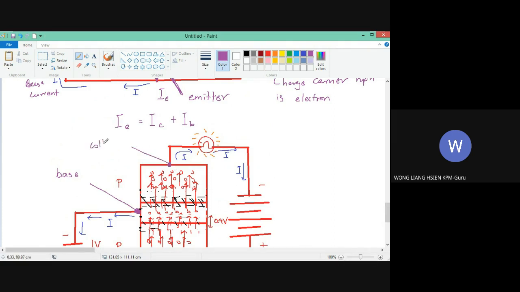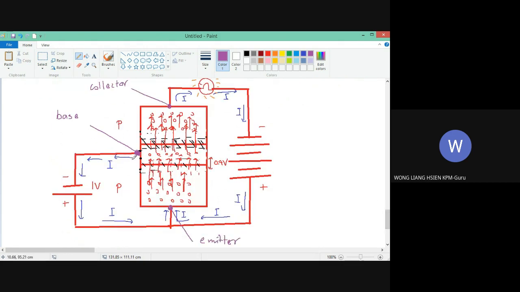So this is the collector. This is the base. So the current that flows here is the base current. So here, this is the collector, so this is the collector current. And this is the base.